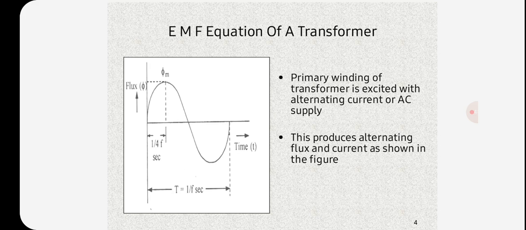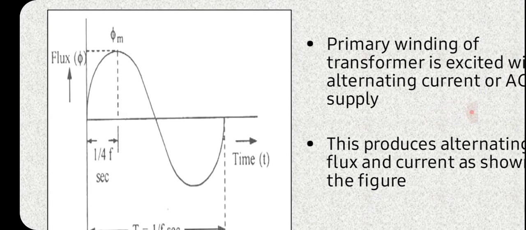The flux magnetically produces EMF E2 in the secondary winding. The E2 is called mutually induced EMF. Here, this is the sine wave.